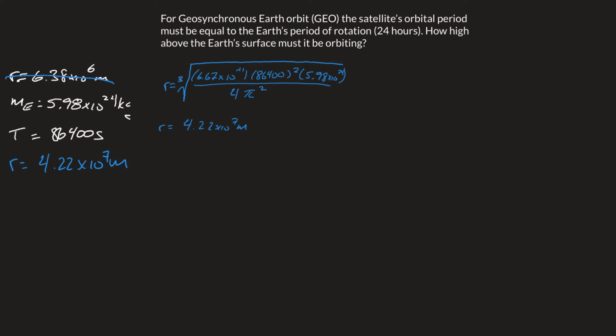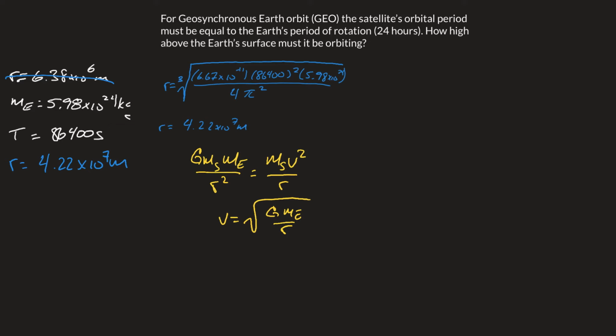So in this case, G M satellite M Earth over R squared is equal to mass of satellite times V squared over R. The left side of the equation is FG, the right side is FC, centripetal force. We can rearrange and simplify to get the velocity is equal to the square root of G M Earth over R.